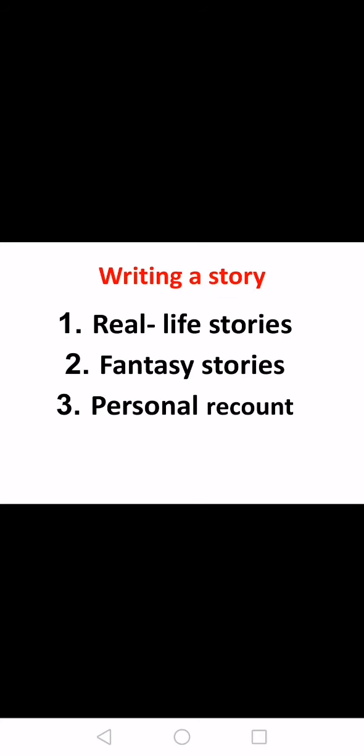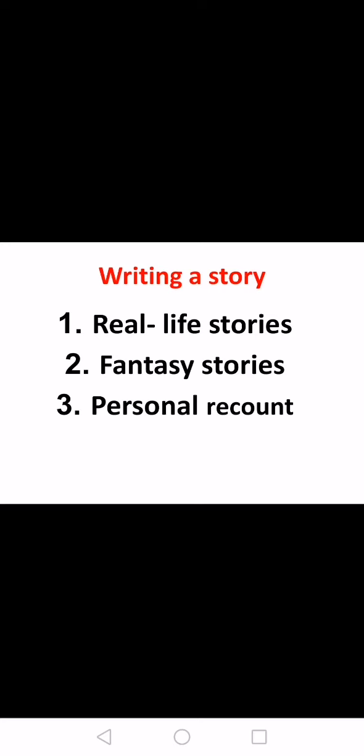So let's remember first, what do we write? When we write a story, we have some rules we have to follow. But before we remember the rules, I want you to remember what are the stories that we write. We write real life stories, and real life stories, we all know, are stories that are real, that have real characters and setting.